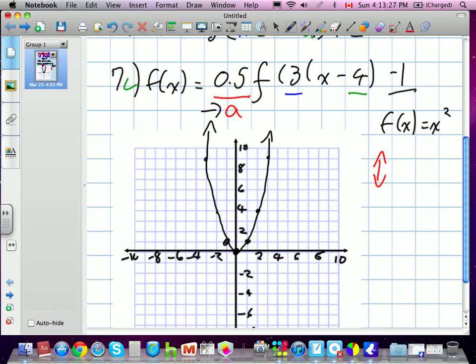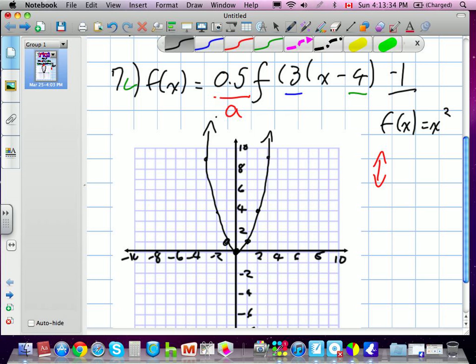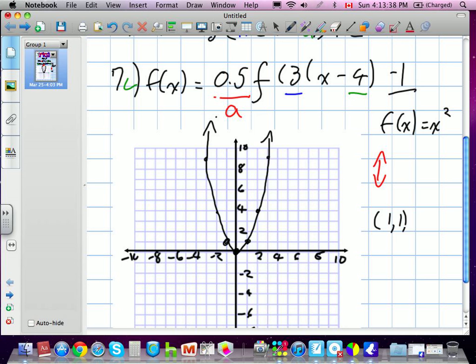A couple of the points we have: 1 and 1, -1 and 1, 2 and 4, and -2 and 4.